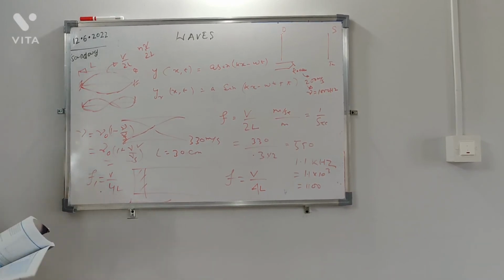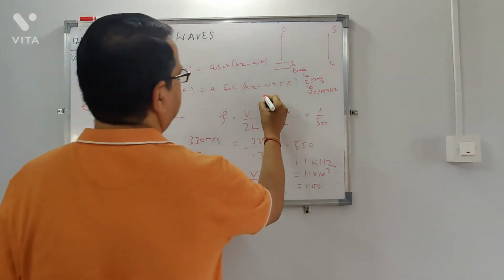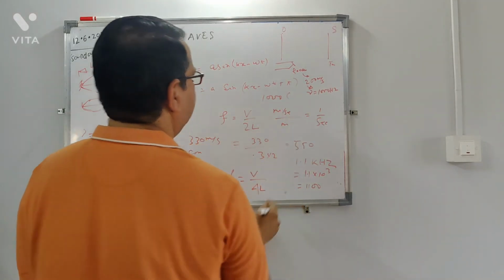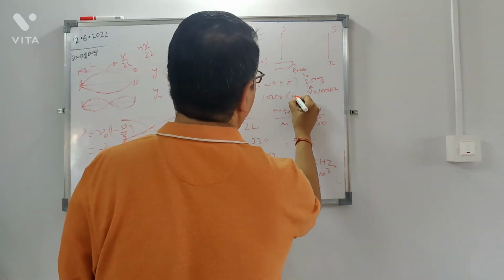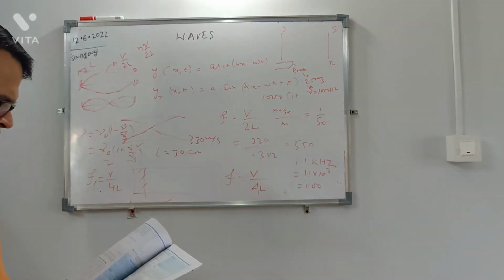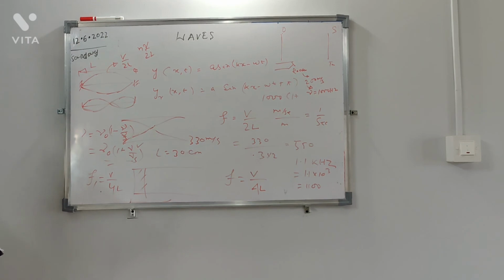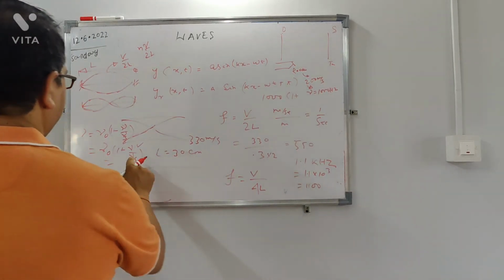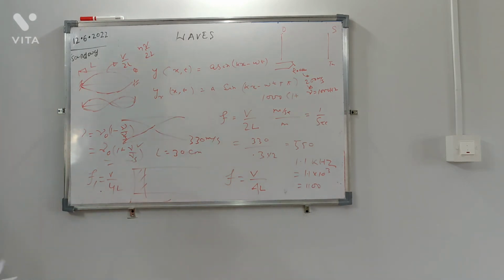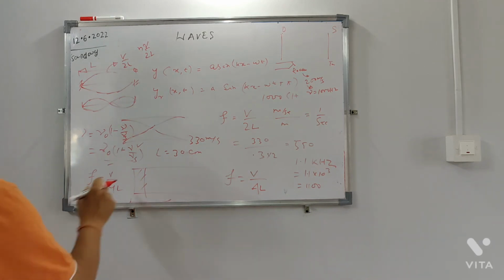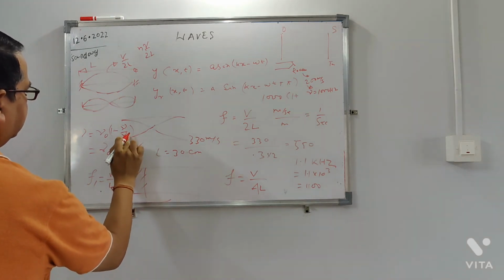When it is moving, what will be the frequency of sound? It will be 1000 into 1 plus, because it's going towards, the velocity compared with the velocity of sound. Sorry, actually the velocity of sound will be in the numerator. I made a mistake.